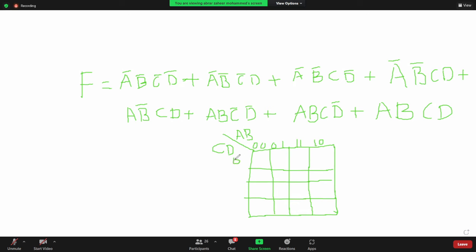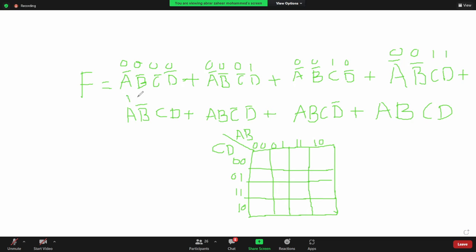Here also we are having 0 0, 0 1, 1 1 and 1 0. Here we'll write the values of this. A bar means 0 0 0 0. This means 0 0 0 1. This is 0 0 1 0, 0 0 1 1.